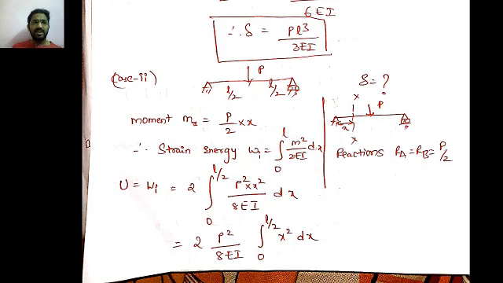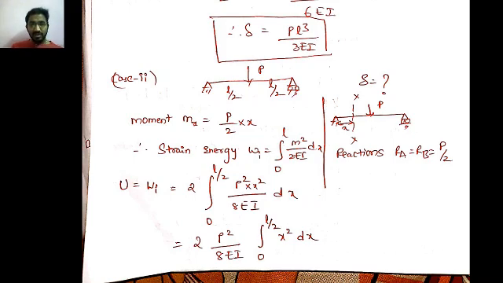What is the strain energy formula? Same thing: internal strain energy is equal to external work done. The internal strain energy is integral 0 to L of M square by 2EI into dx. What is M square? P by 2 into x when substituted, but here I am writing the limits 0 to L by 2. What is the reason behind this 0 to L by 2?